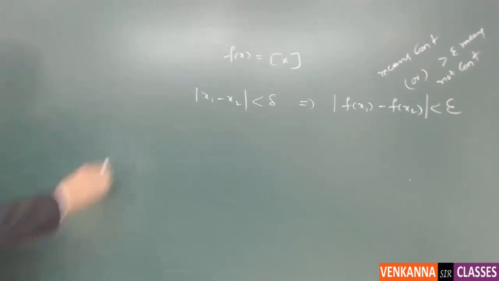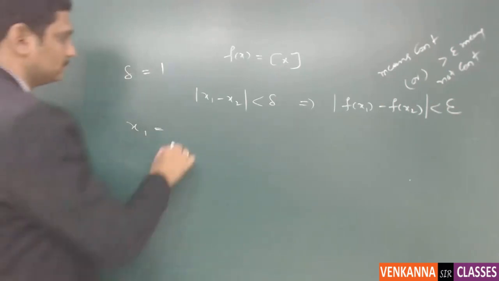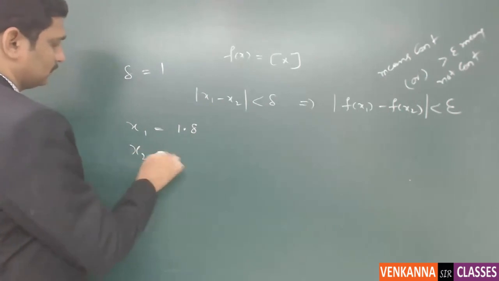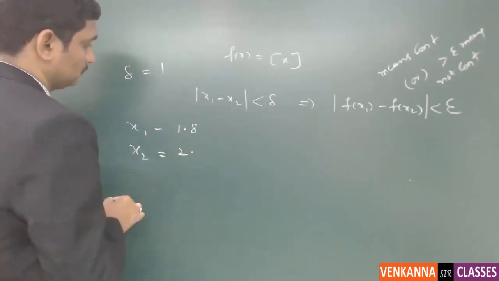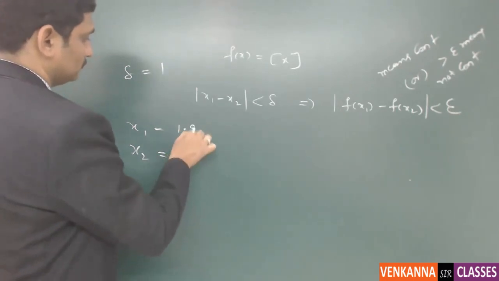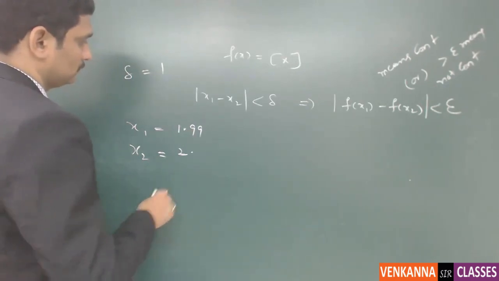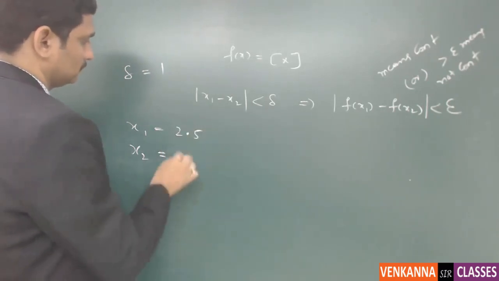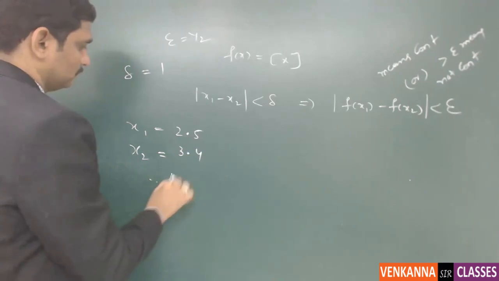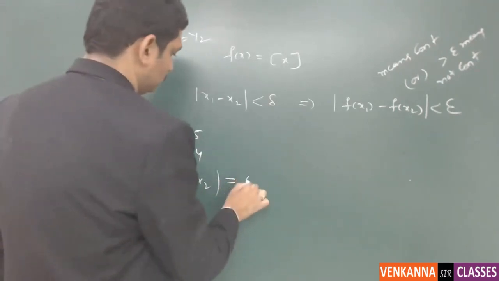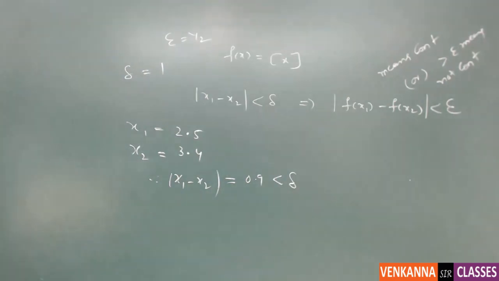Suppose you take the values as, say, delta is equal to 1. Let us fix that. You accepted this?